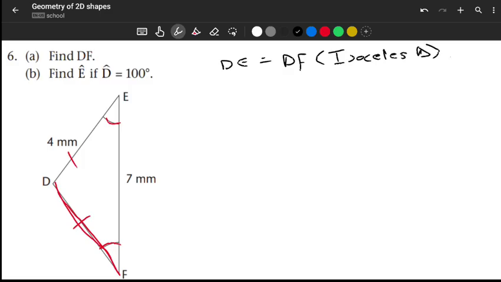I was good at numbers, not English. And then now you say DF is equal to 4 millimeters, and that's your answer.